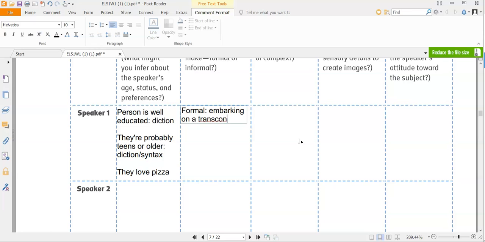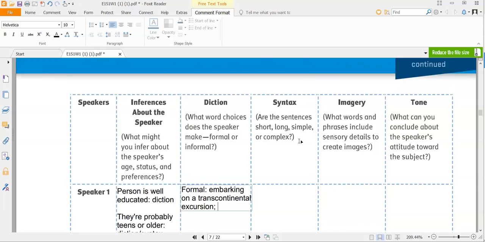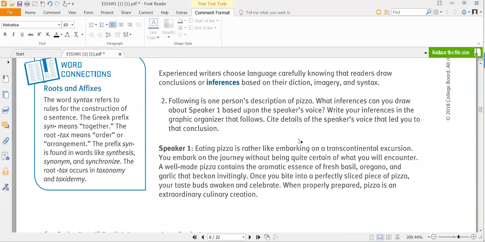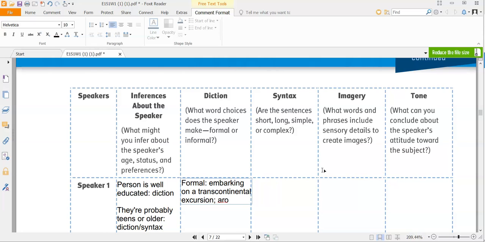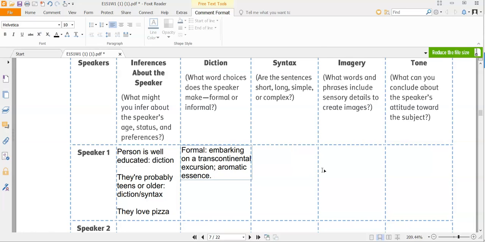Another example of a formal thing that they used was aromatic essence. So they used really formal language, really advanced language. It really showed that they had a lot of knowledge about how to write well and descriptively.